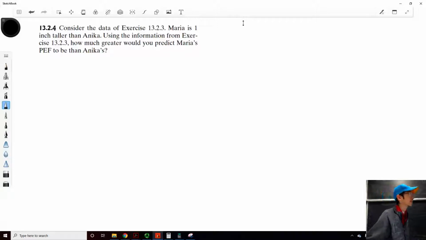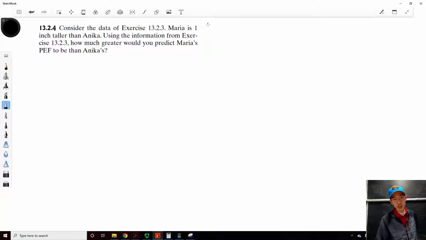Do the equation and have 1 unit higher. Yeah, so what would that be equal to? It would be equal to the slope, right? The slope tells you how much your prediction changes every time x goes up by 1.